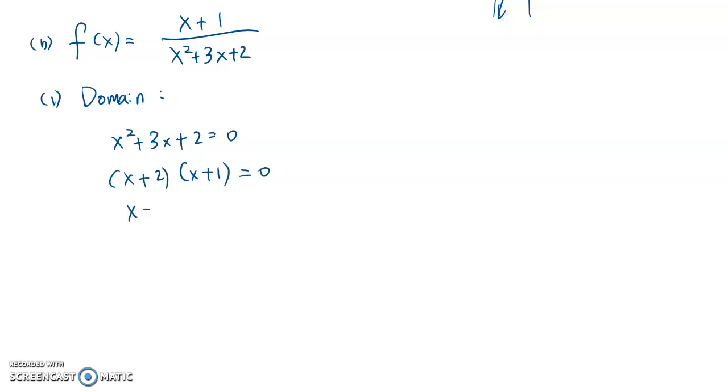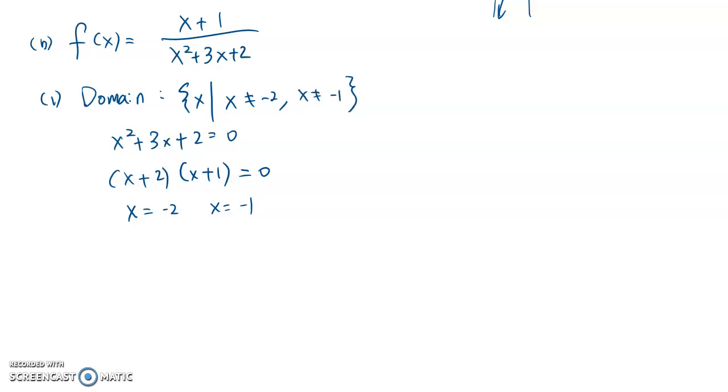So you have two solutions. One is -2, one is -1. That means we need to exclude those two numbers from the domain. So your domain is all the x such that x cannot be equal to -2 or -1.